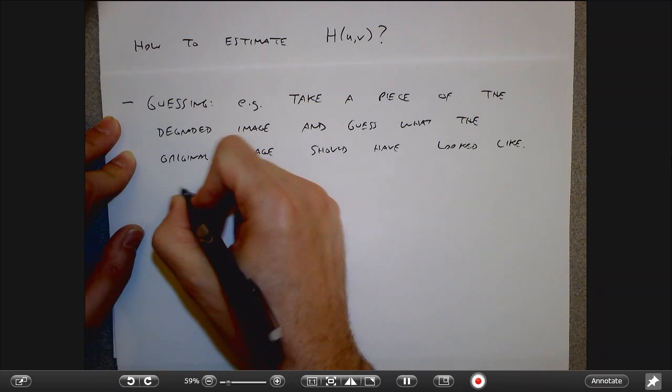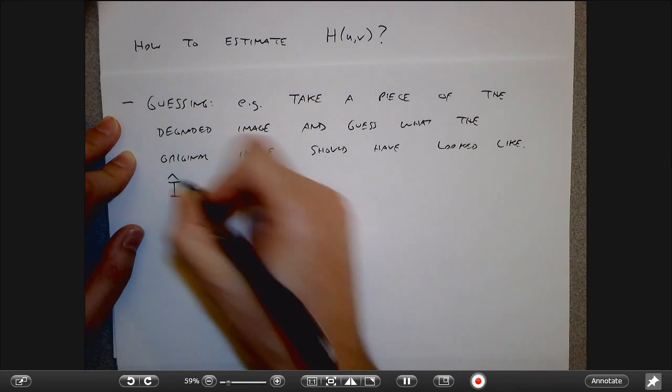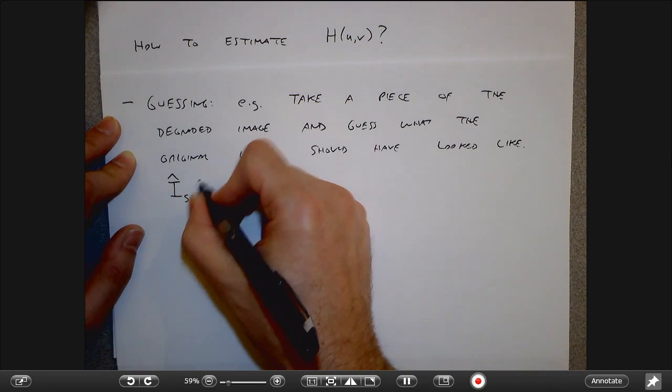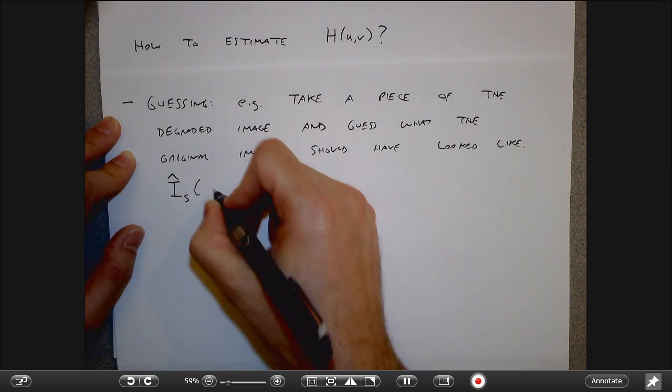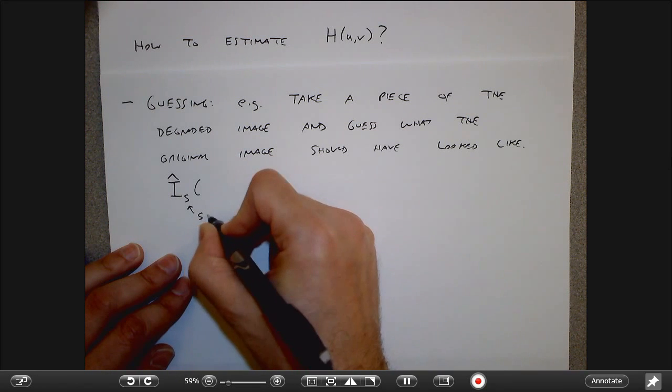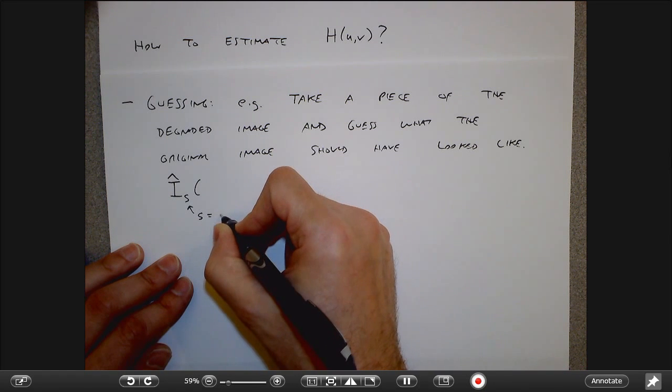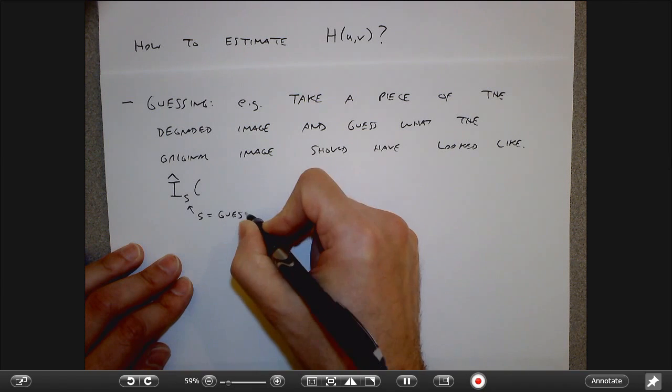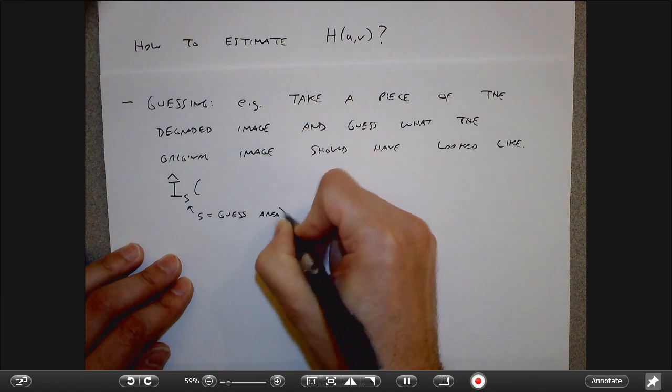Right? And so then I kind of say, okay, I'm going to take my image block around the, so here this S is equal to the guess area.